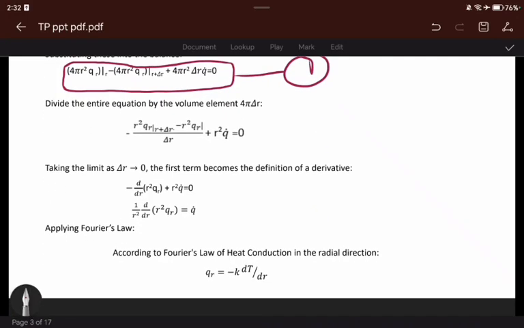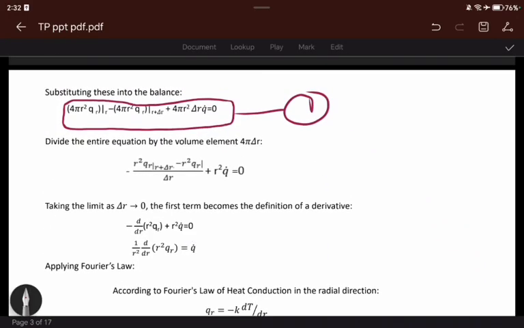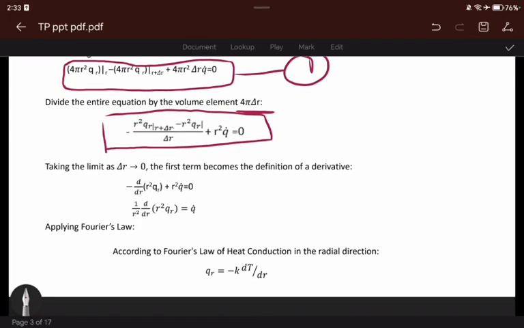So divide the whole equation by 4 pi delta r. Then by using the definition of the derivative, we will get our equation like that: minus d by dr of r square q_r plus r square q naught equals 0.